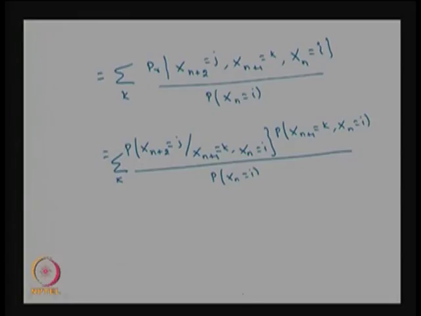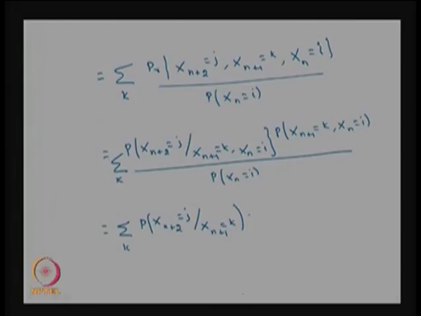Since the X_i's are a time homogeneous Markov chain, this conditional distribution by using the Markov property is the same as the conditional distribution of X_{n+2} taking a value j given that only the latest value is needed, not the previous history. Therefore, because of the memoryless property, X_n taking a value i is removed.